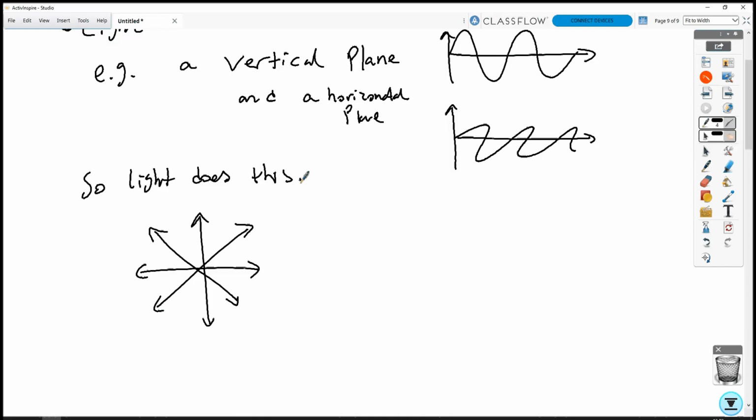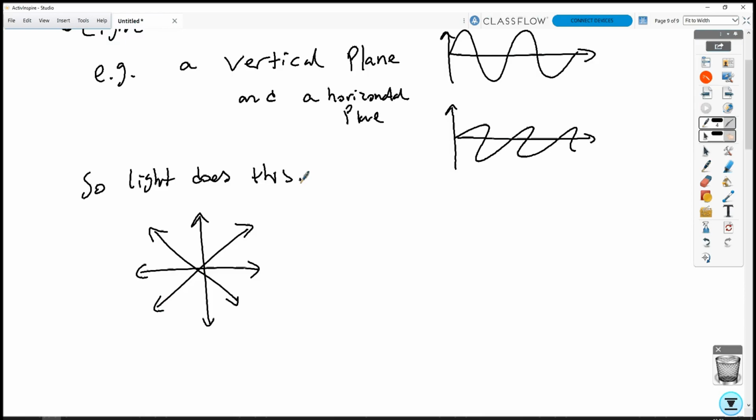So all the different waves here, they're all moving into the whiteboard. Yeah? So you're following the wave from behind. This is what you see. And they're oscillating in all these directions that I've drawn, and more. But I haven't drawn them all.